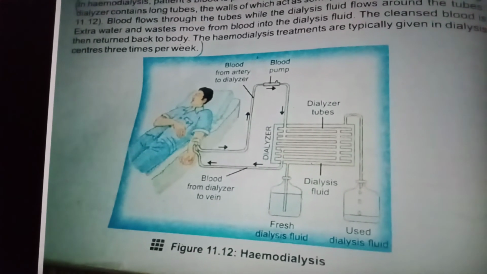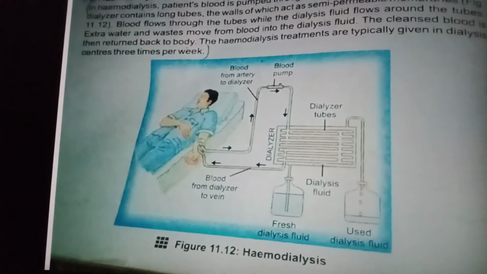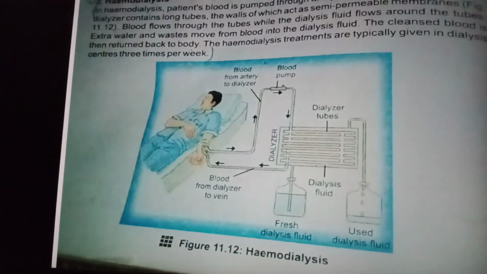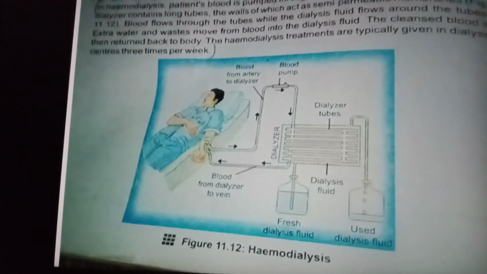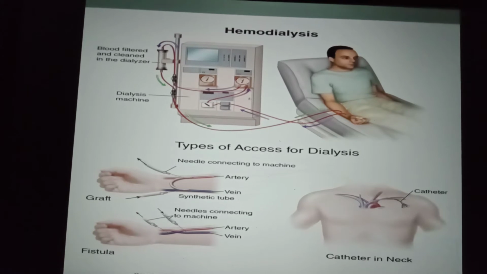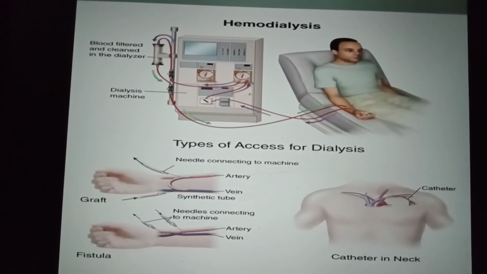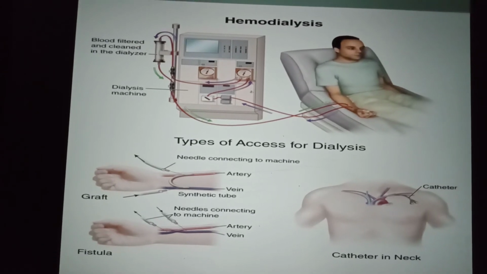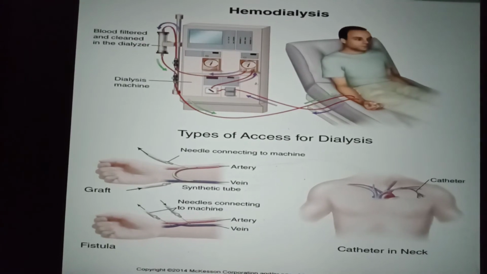And then blood after purification is returning back to the vein. So blood from the dialyzer is going towards the vein. You can watch that blood is filtered and cleaned in the dialyzer. And here is a dialysis machine.